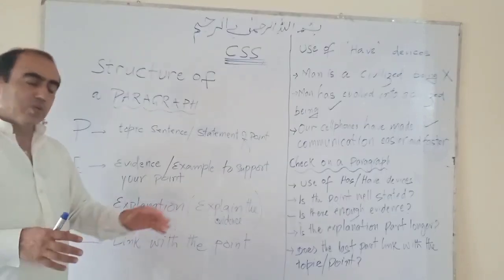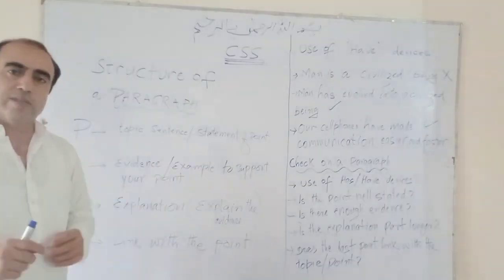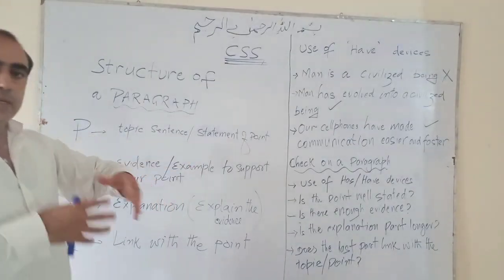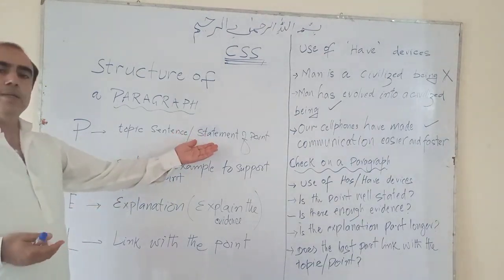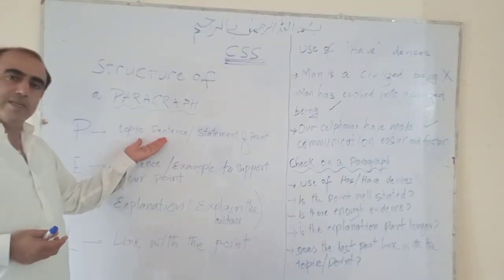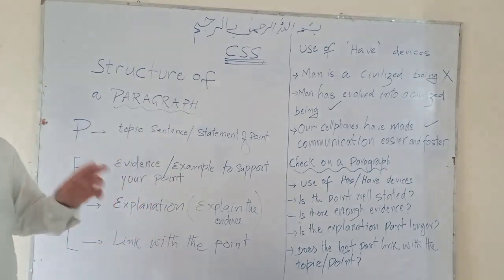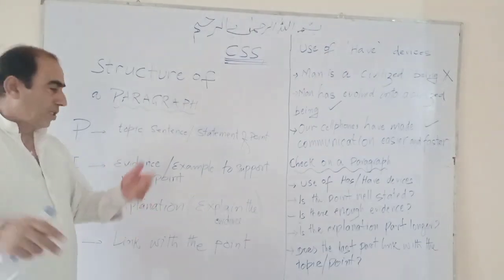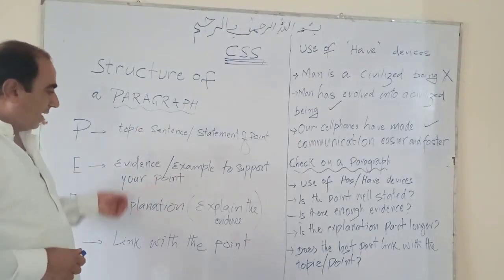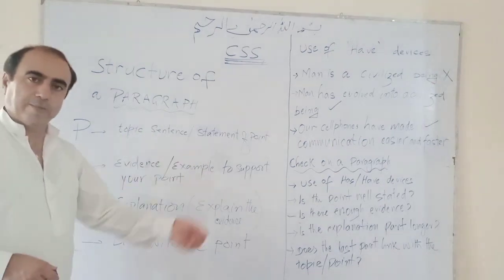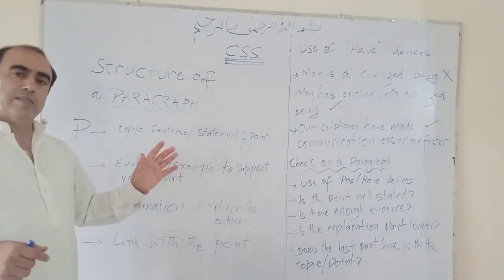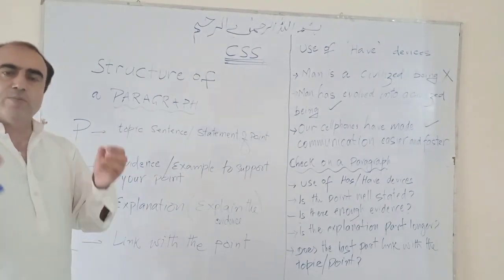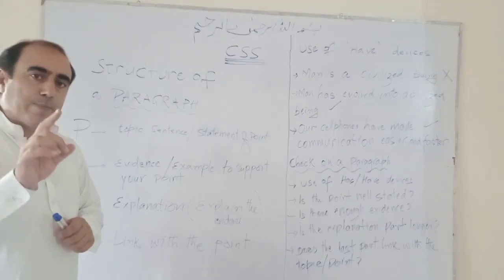You need to explain the examples further to justify, and that would be all in order to support, augment your statement of point or your topic sentence. Explanation is very much important. But what I have seen is that usually students just give an explanation. Usually there is no evidence. In a paragraph there would be no examples, or if there are, there would be few examples, and they will not be properly stated.